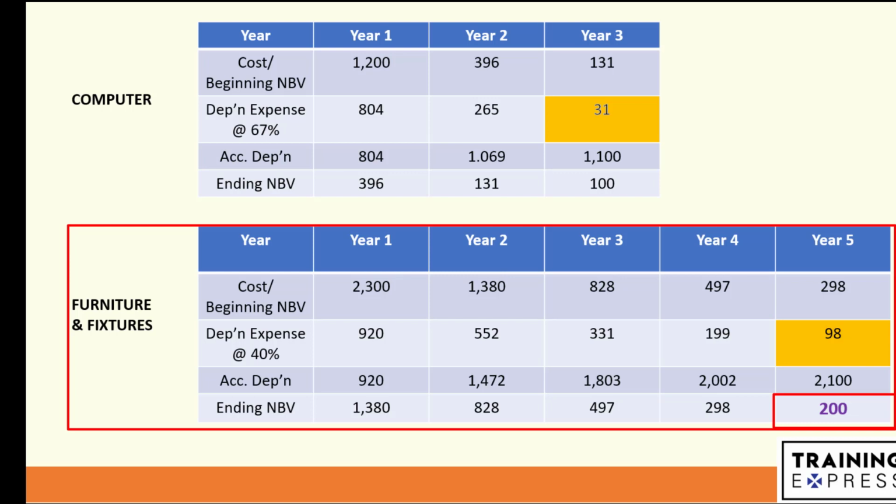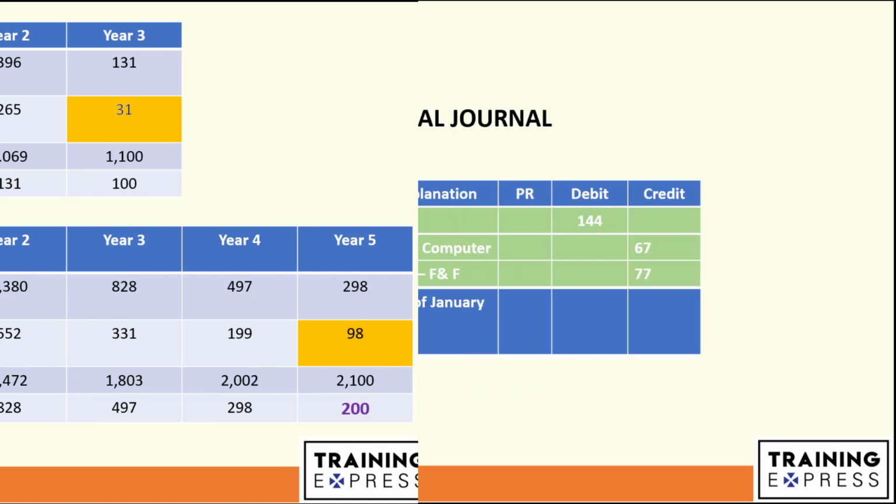So you can see we have put there $200. This way accumulated depreciation comes to $2,100. So we will see what is the difference to balance. So we will be calculating $98 of depreciation in year number 5.